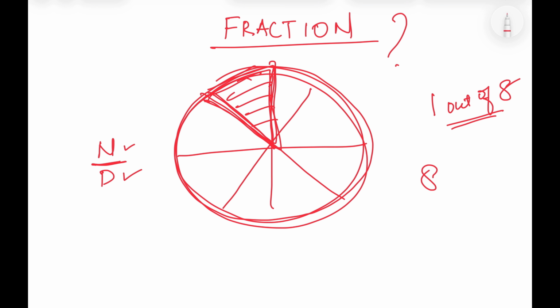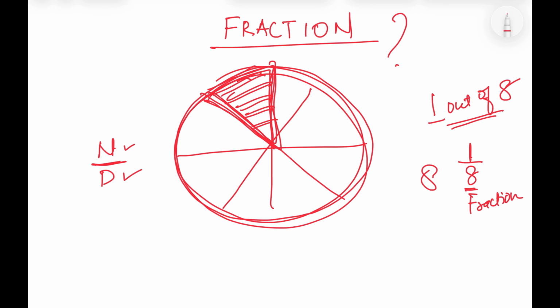In this case 1 is the numerator and 8 is the denominator. 8 is the total, and out of that one part is being deducted, so we will write 1. So 1 out of 8, this is what a fraction is. This is a part from the whole. So a fraction consists of a numerator, a denominator, and a division line in between.